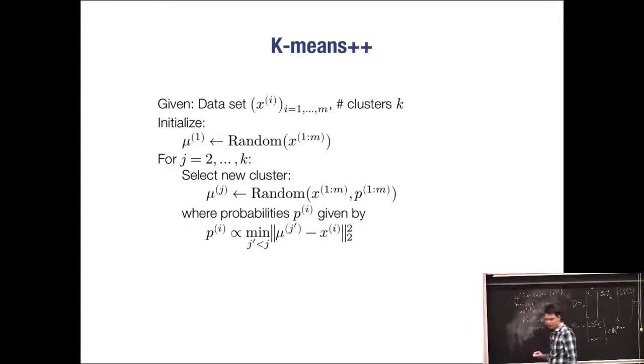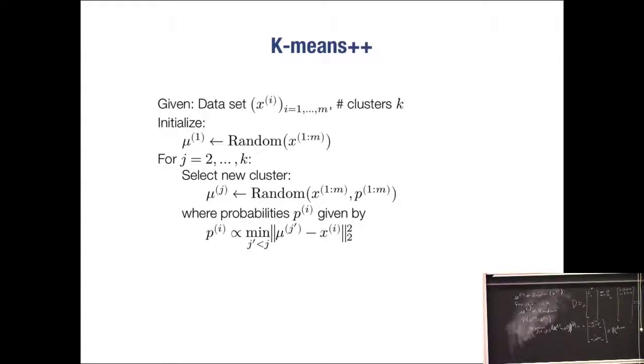This is not an argument now, this is actually a minimum: the minimum over j prime from 1 to j minus 1, iterating over all the cluster picks so far, of the norm of xi minus mu j prime. It's written here, hopefully more legible than my scratches. Those primes and j's with dots are hard to write with big chalk. So that's the mathematical formulation.